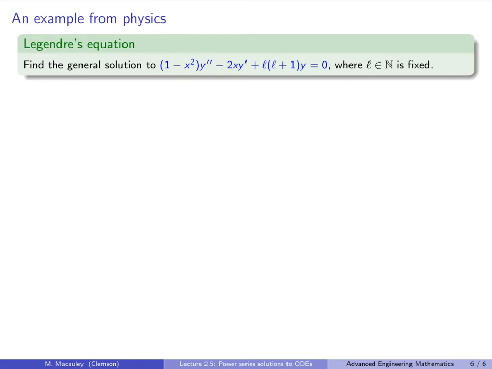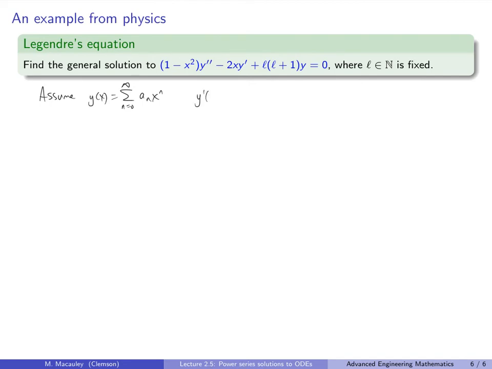Okay, so find the general solution of this guy. So let's assume that y of x is a power series, the sum from n equals 0 to infinity of a_n x to the n. And let's take derivatives.